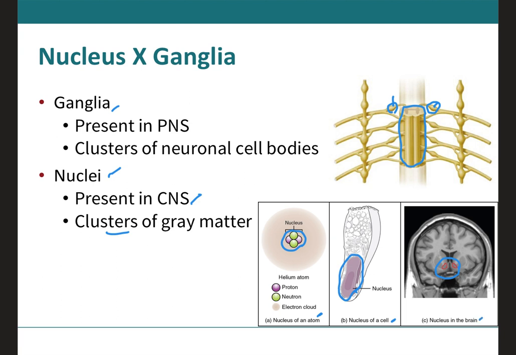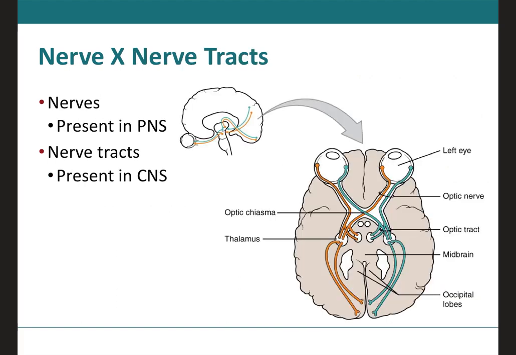And here in the brain, the nucleus is a point where, again, you will have a lot of neuronal cell bodies and therefore a lot of action potential, a lot of information will derive from this point or from this nucleus.